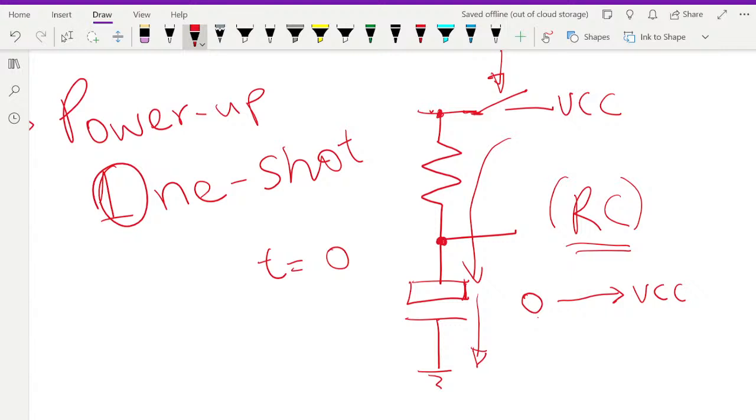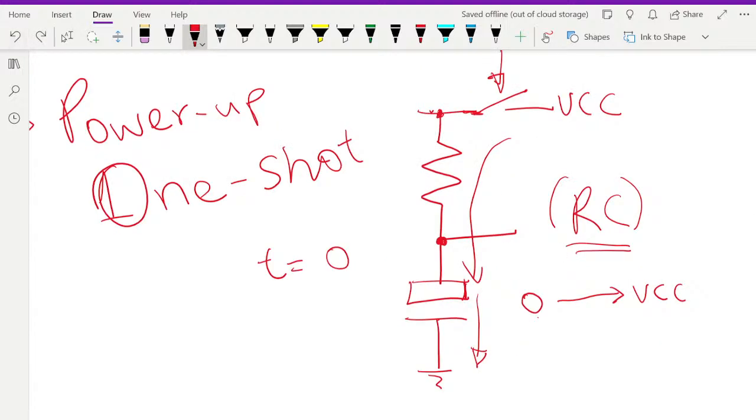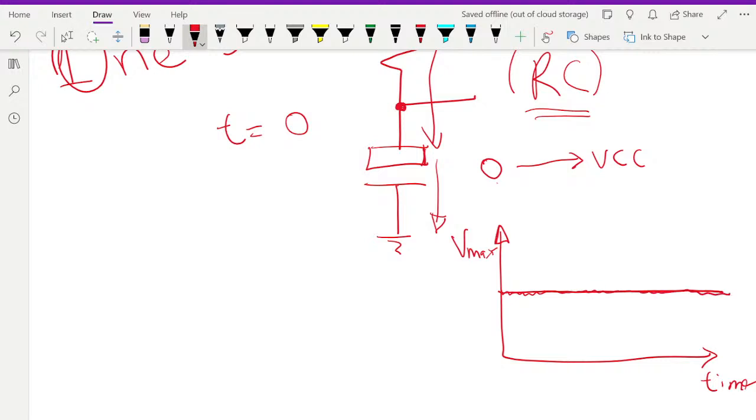But it goes from 0 to something, and DC is supposed to be stable. It's supposed to be whatever value it is. It's supposed to keep that value. So if I want to put a DC, let me just put a chart here. So if this is my max, my voltage maximum, and this is my time, my DC is supposed to be stable throughout the time, whatever value it is. There might be some ripples if I'm rectifying it, but it will be very minimal and it should stay steady.